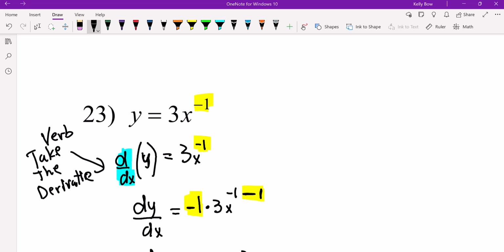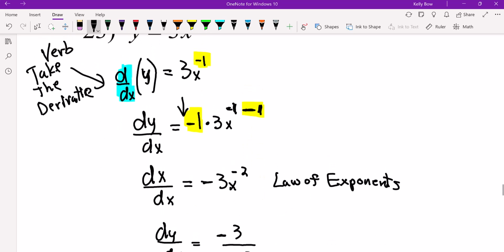Okay, and this negative 1, I'm going to bring down in front, which is what I did right there, times 3x, and then the exponent is that original negative 1, and now we're subtracting 1. So that's now negative 1 times 3 is negative 3, x to the negative 2, but now we have to use laws of exponents.